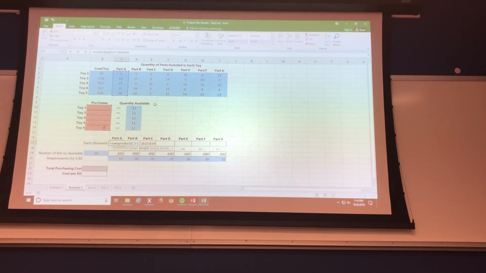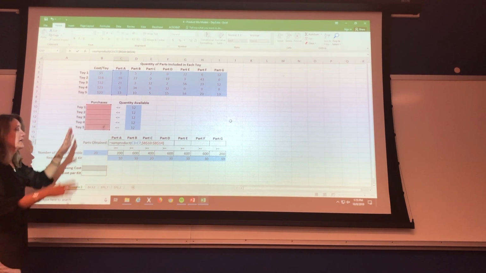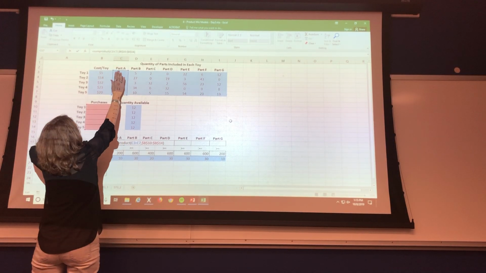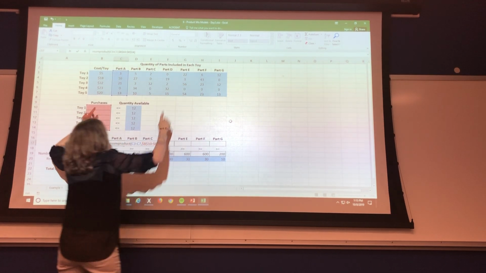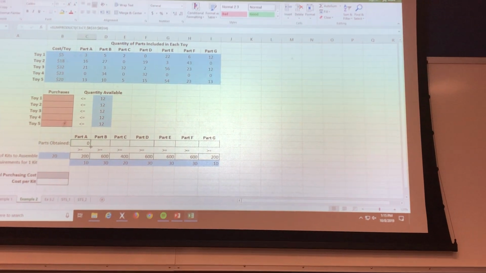I need an absolute reference on this one because I would like to copy this. Essentially, it's all the A's first, then the B parts, the C parts, the D parts, so that will move and that won't. And that's going to give me how many I obtain.